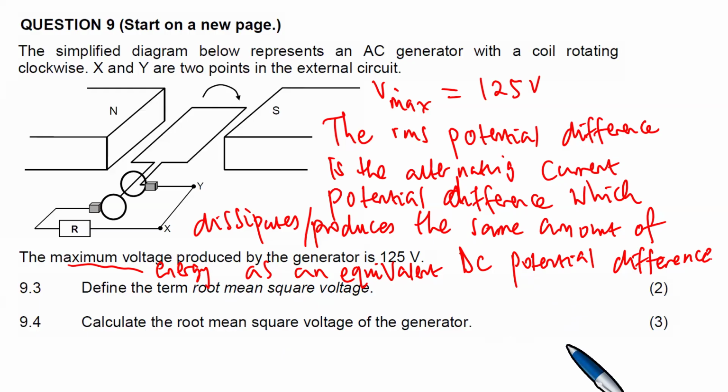We repeat, because they're going to ask you this one tomorrow. The way to learn this is to repeat until you don't forget, like a song. The RMS potential difference is the alternating current potential difference which dissipates or produces the same amount of energy as an equivalent DC potential difference.